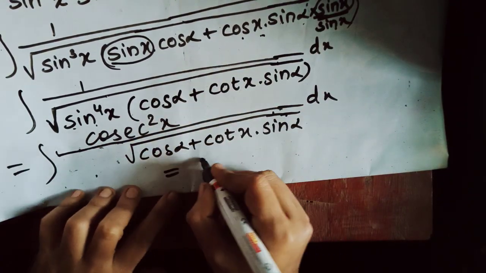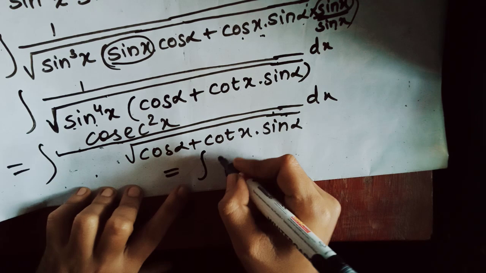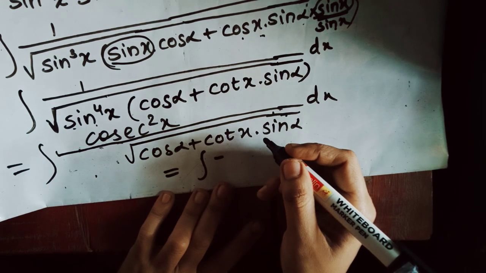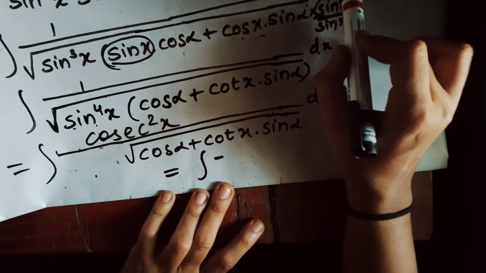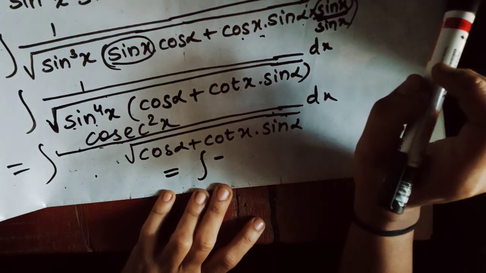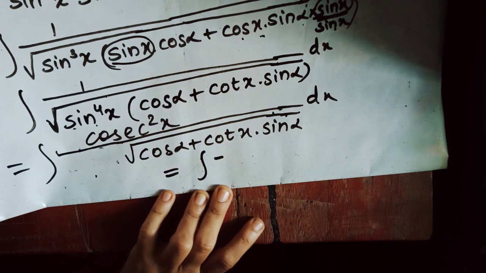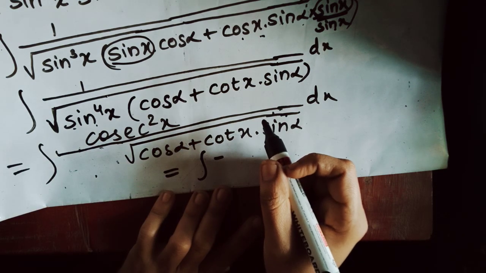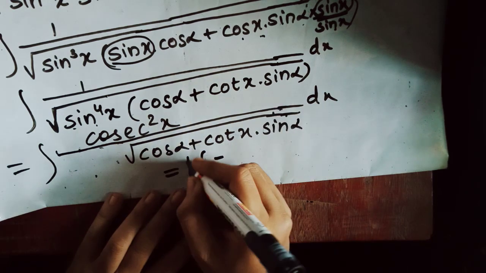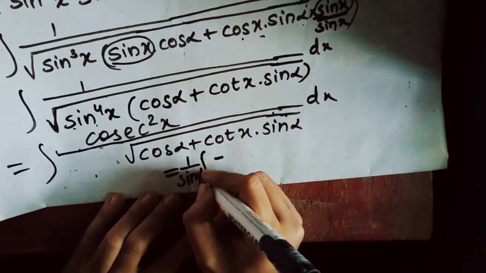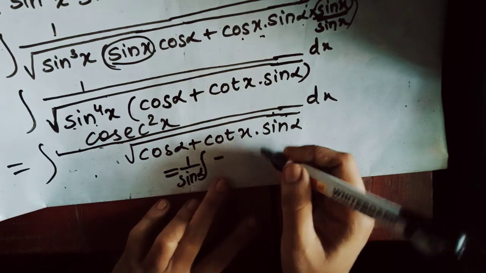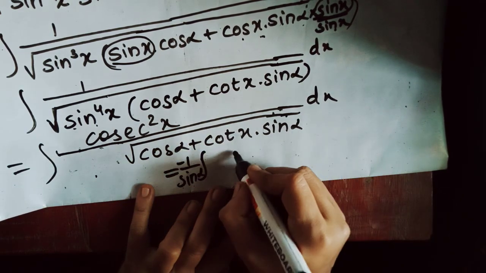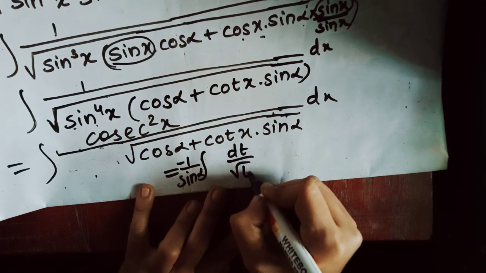So I can write integral minus, one more term is there, that is sin alpha. Sin alpha I can write here: cosec square x dx is dt upon sin alpha, so this comes outside, that is 1 upon sin alpha, minus. Sin alpha you take outside, so this becomes dt upon root t.